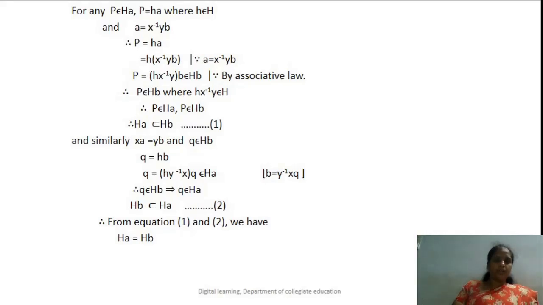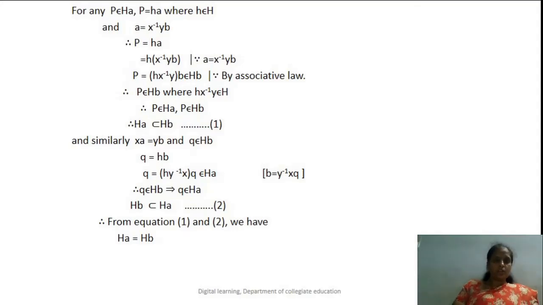So considering p in Ha, how are we considering here? We are taking one element p from Ha, so p is ha here, where small h belongs to H only. So p is equal to h x inverse y with b, where this belongs to H into b.